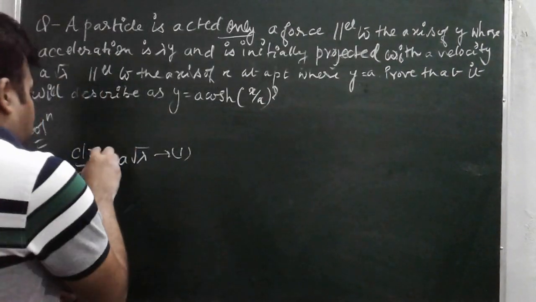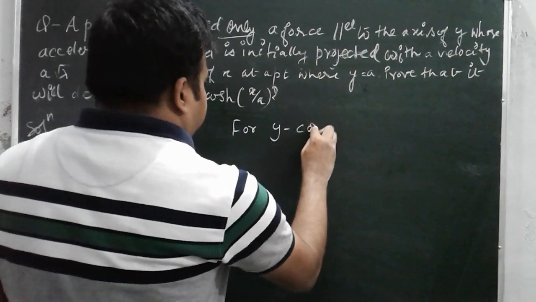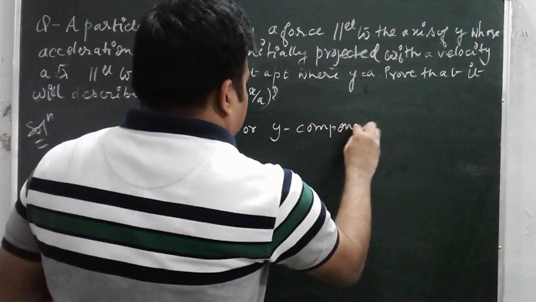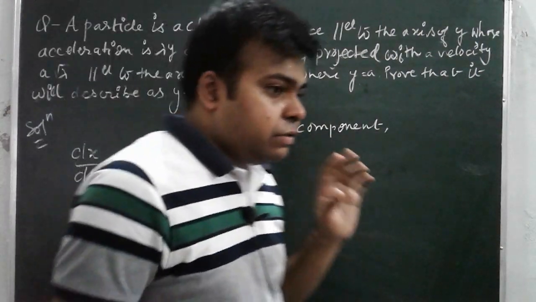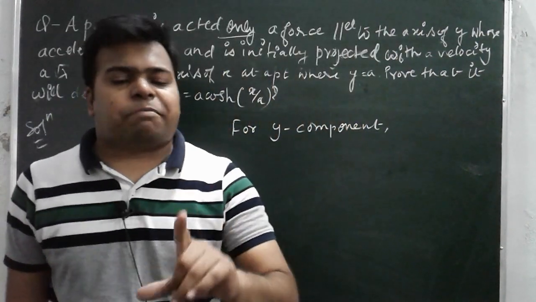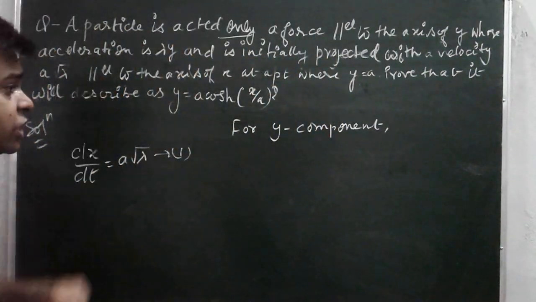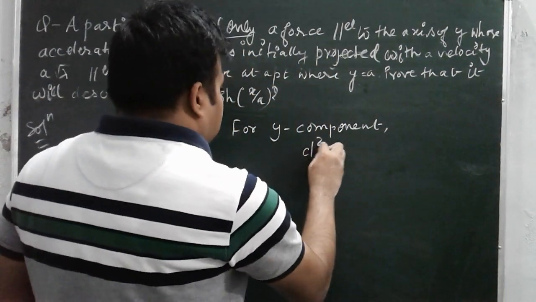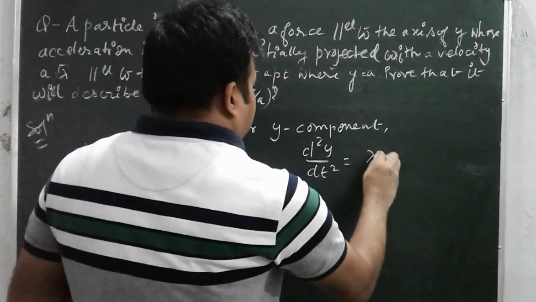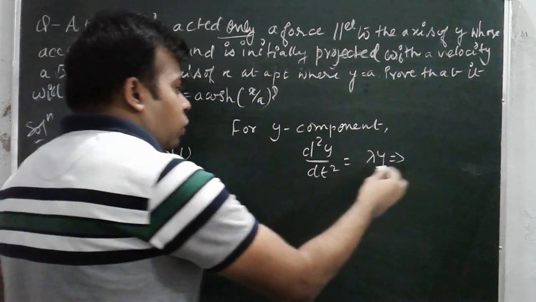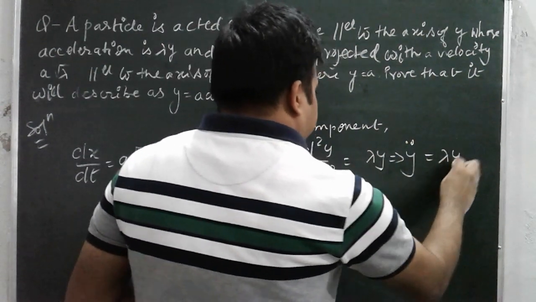Now for the y component, there are two conditions. The first condition is that the force is parallel to the y-axis, and the acceleration is also given. So we can say that d2y over dt square will be equal to lambda y, or we can write it as y double dot equals lambda y.